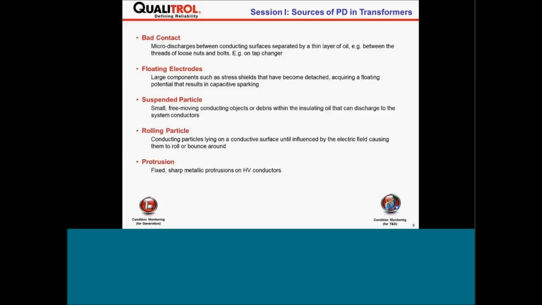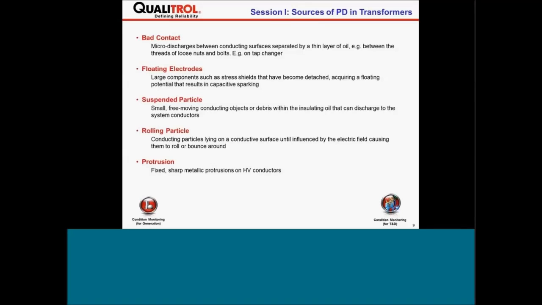Types of PD sources which happen in transformers: really bad contacts, where you get microsparks between conducting surfaces separated by thin layers of oil, for example loose nuts or bolts, maybe in tap changers.